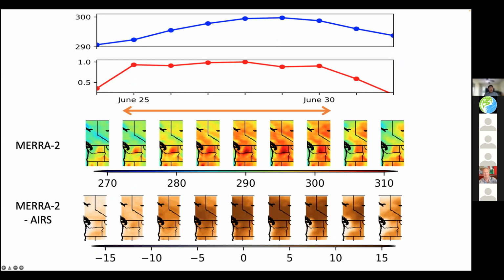So between June 24 and July 2nd, especially the average temperature, and in the previous slide you already saw that the root mean square deviation, they just change very smoothly.